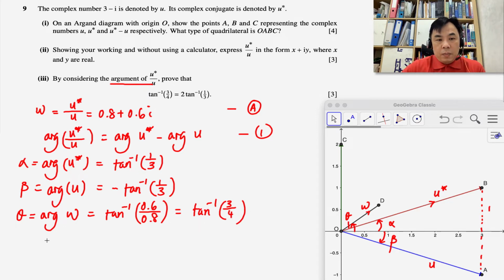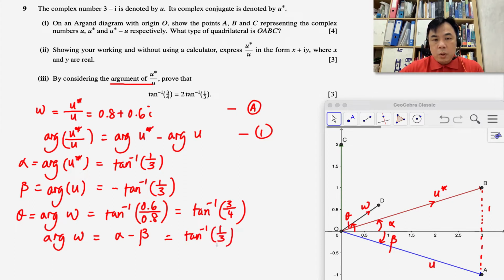We know that the argument of w is the same as alpha minus beta, whereby alpha is the argument of the complex conjugate, and that's how we get this relationship. We're going to substitute whatever results we have obtained so far. Alpha is tangent inverse 1/3, whereby beta is negative, and negative becomes positive here.